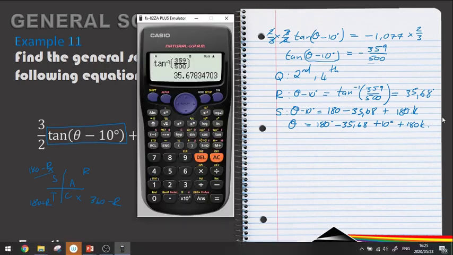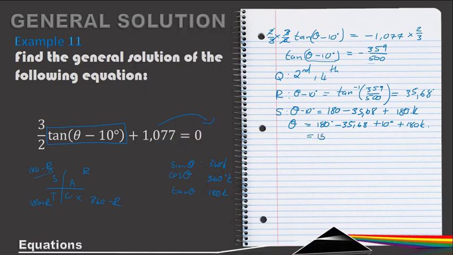So we're simply going to say 180 minus 35.68 plus 10, and that gives us 154,32. So 154,32 degrees plus 180 degrees k.